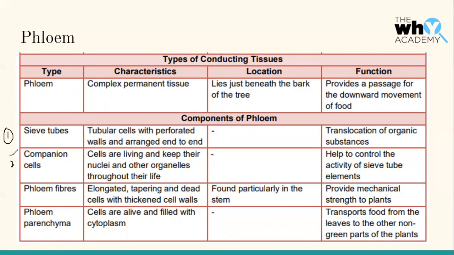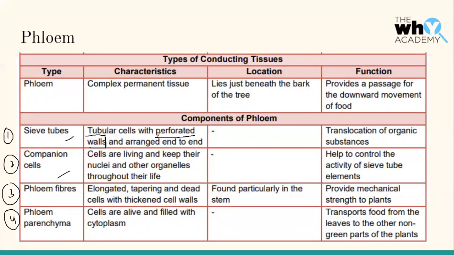So both have four, out of which fibers and parenchyma are the same for both. Xylem has xylem fibers or just fibers. Phloem will have phloem fibers and phloem parenchyma. And the other two, which are different terms, are sieve tubes and companion cells. Sieve tubes here have perforated walls, something like xylem.